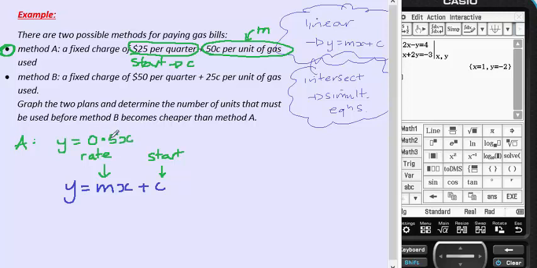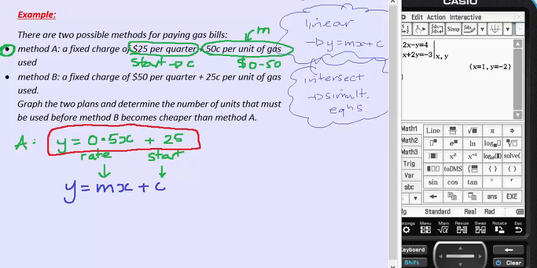The reason I'm doing 0.5 is because 50 cents in dollars is $0.5. And my start is 25. So therefore my equation for method A is going to be y equals 0.5x plus 25.